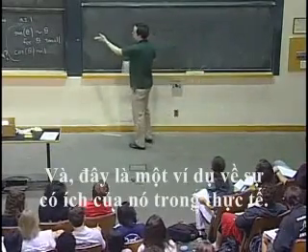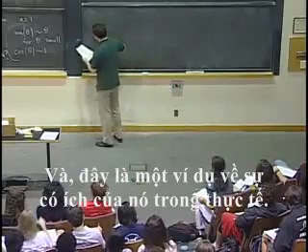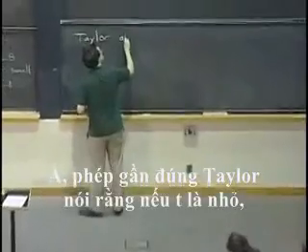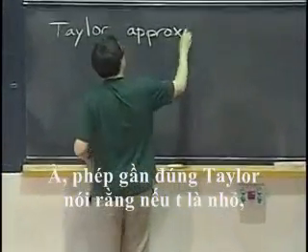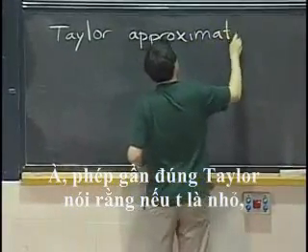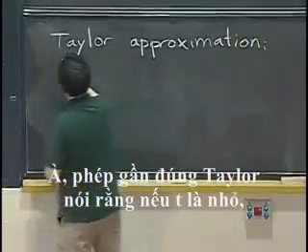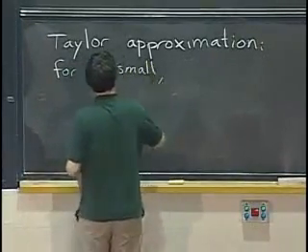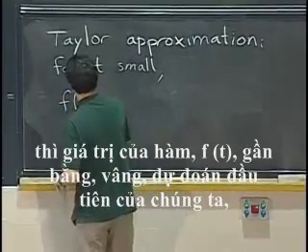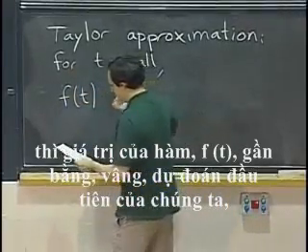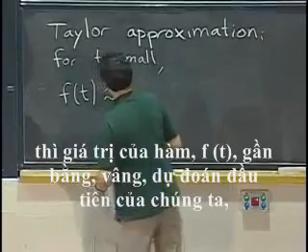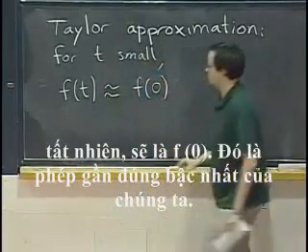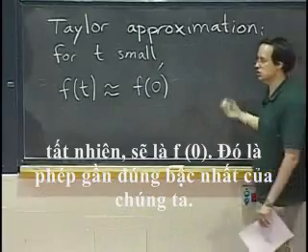And here's an example of where it actually comes in handy in real life. So Taylor approximation says that if t is small, then the value of a function f of t is approximately equal to, our first guess, of course, would be f of 0. That's the roughest approximation.